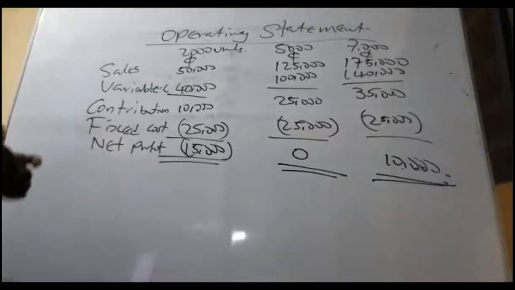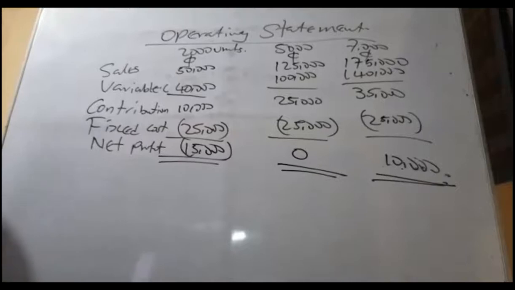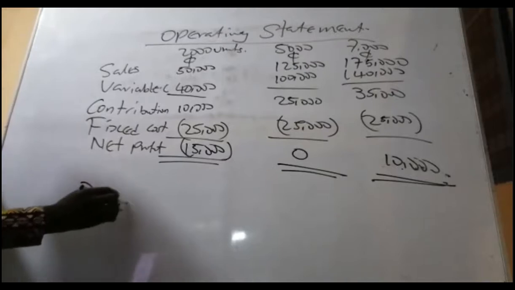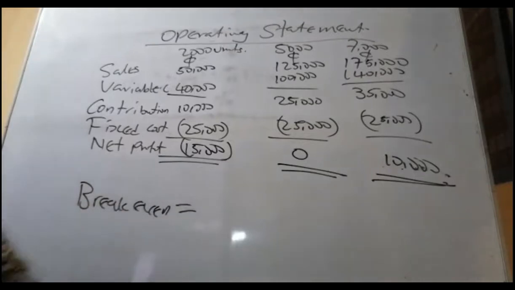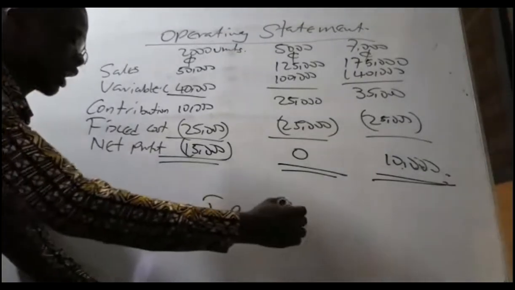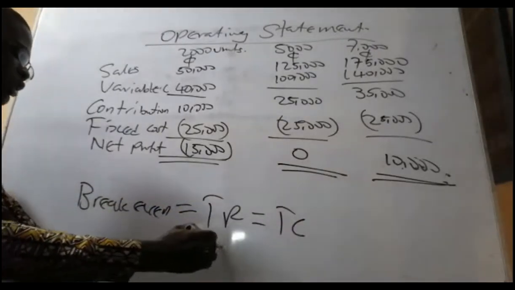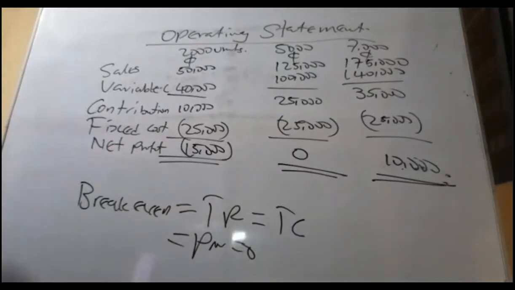Okay. Now, when we talk about break even, the word break even simply means where your total revenue is equal to your total cost. And for that matter, profit is equal to what? 0. That's the implication. So at break even, you are not making profit, you are not making loss.